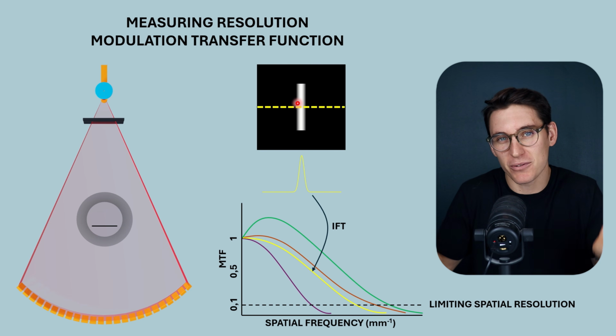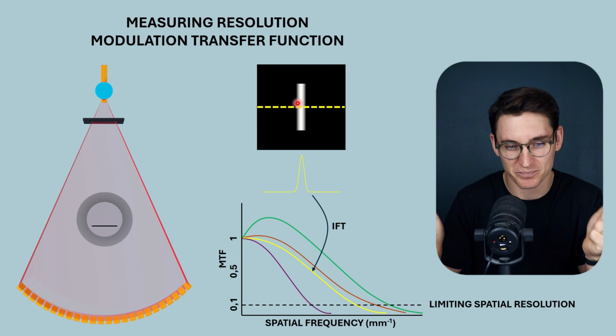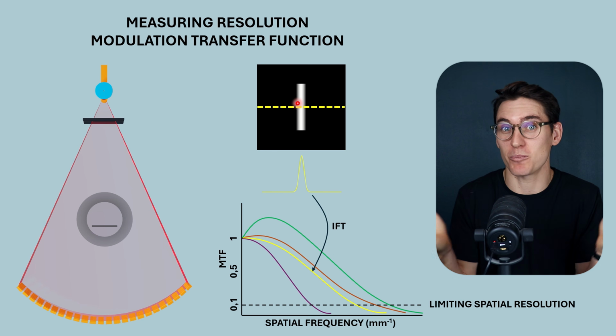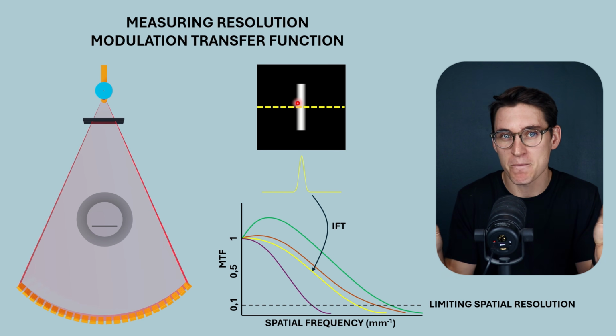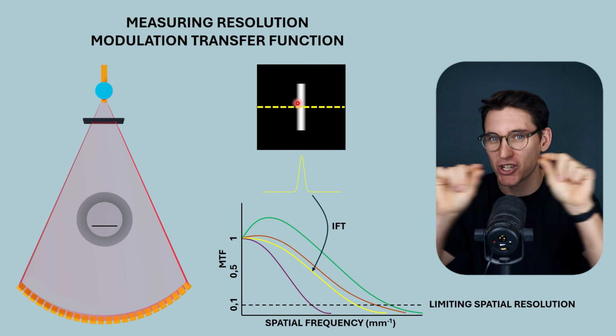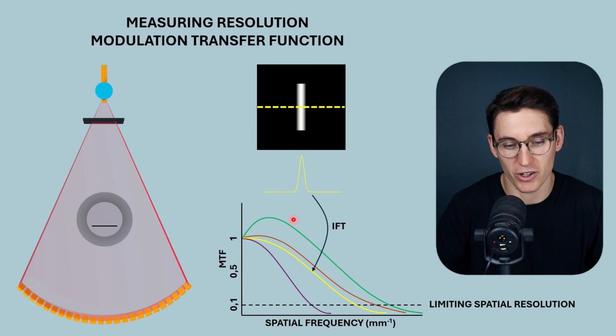We're going to amplify, we looked at this earlier, we're going to amplify the higher spatial frequency data. And that's going to give us a sharper image. We're also going to get an image with more noise because we know that noise is located in the higher spatial frequencies as well. Noise represents rapid changes in adjacent pixel values. So we're going to get a sharper image. We're going to get a better modulation transfer function at certain spatial frequencies, but that image is also going to be noisier. It comes at that cost.